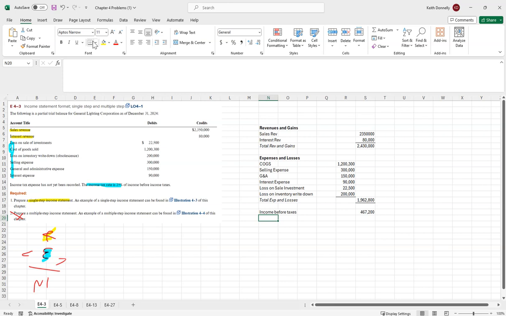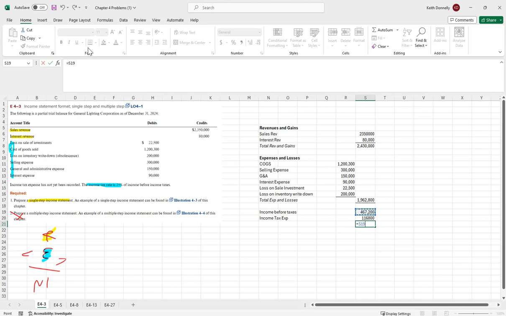Now we've got to back out the tax, the income tax expense. But if you look over here, they don't give us the raw number, but they do tell us it's 25% of that pre-tax book income. So we can take the 467, multiply it by 25%, and we're looking at $1.16 there.